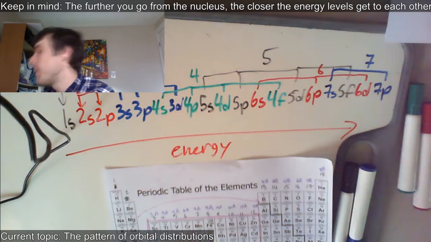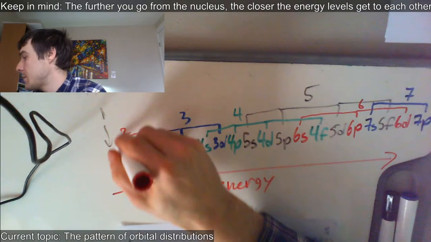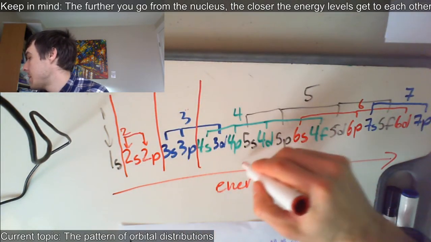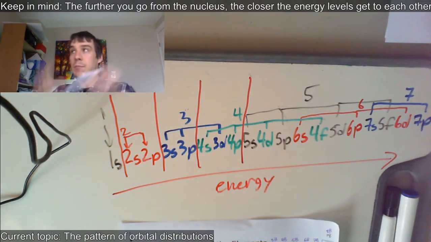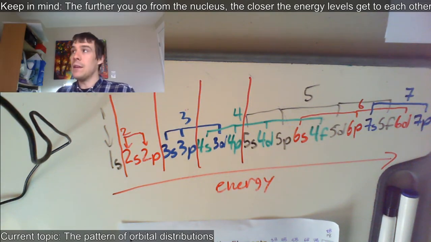4s snuck in. Every time you get to a new s orbital, that starts a new period. The reason a new s orbital starts a new period is that they're big and spherical, and they kind of encompass all of the orbitals underneath them, because spheres are large.